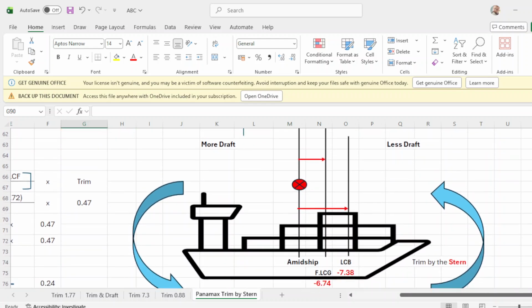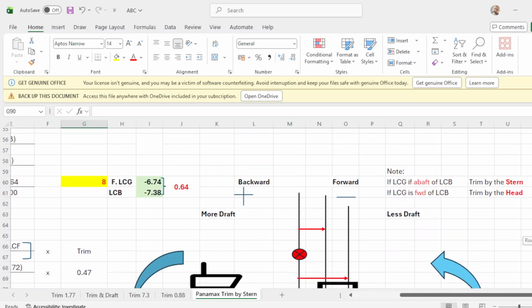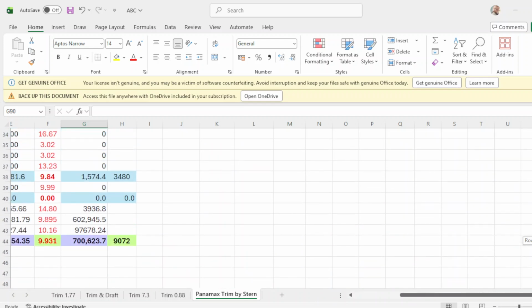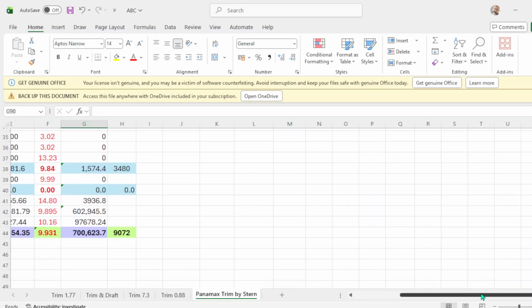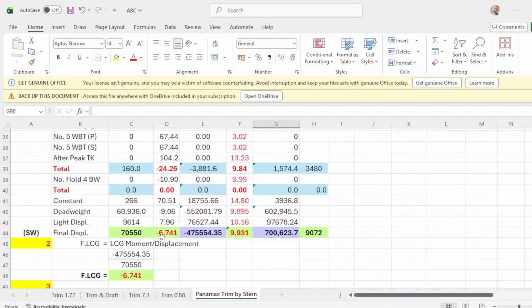Take note that your final LCG is negative 6.74. Okay, your final LCG is negative 6.74, which is this one.